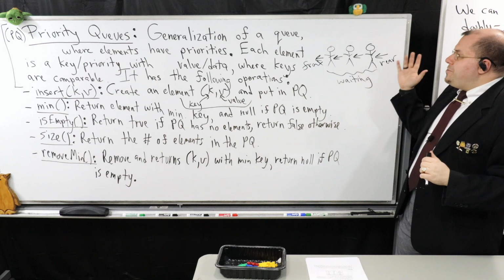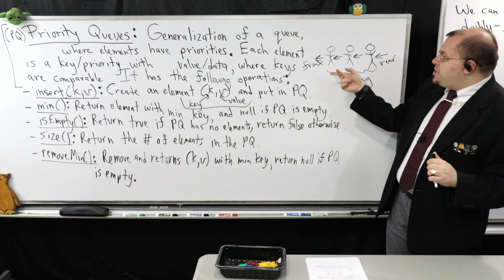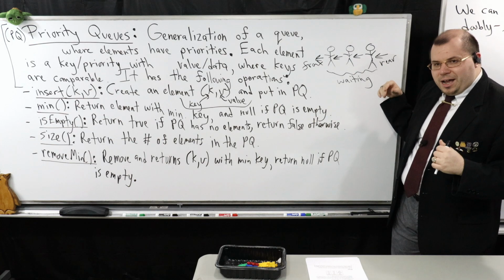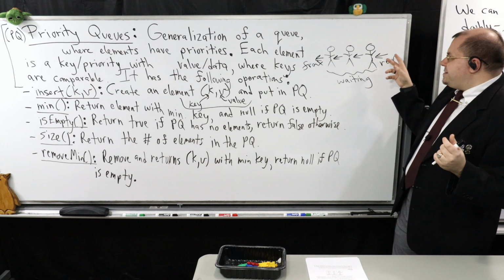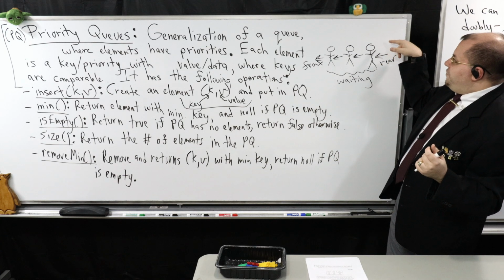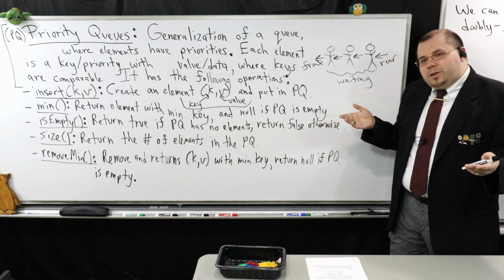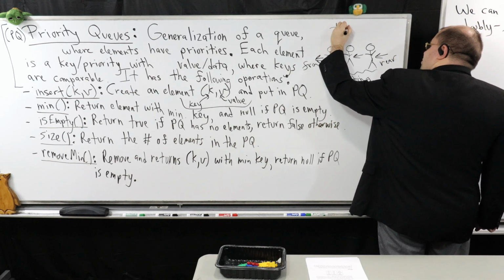So one way you can view a priority queue is, imagine instead of it just being first come, first served, or first in, first out, it's built on top of this. Imagine you had a system where very important people can come into line. A good example is triage in a hospital.